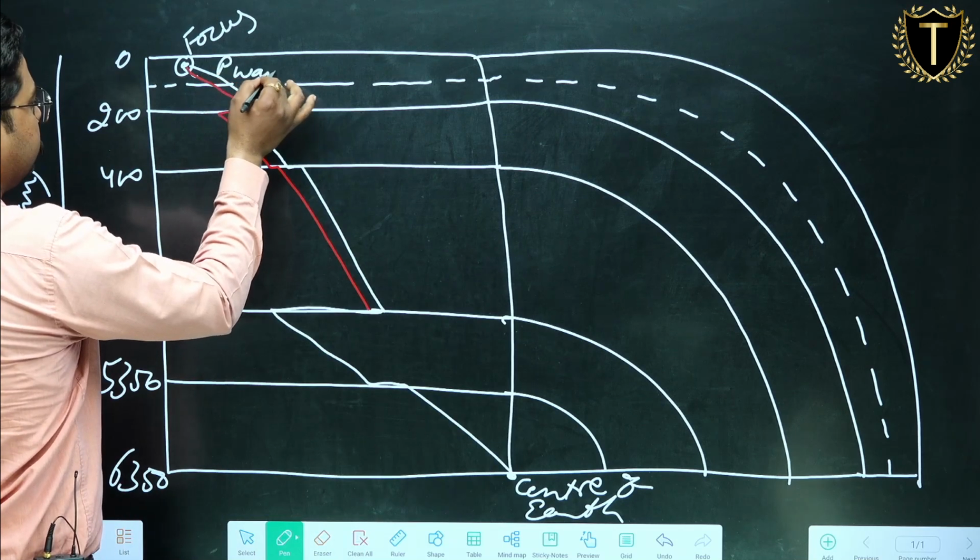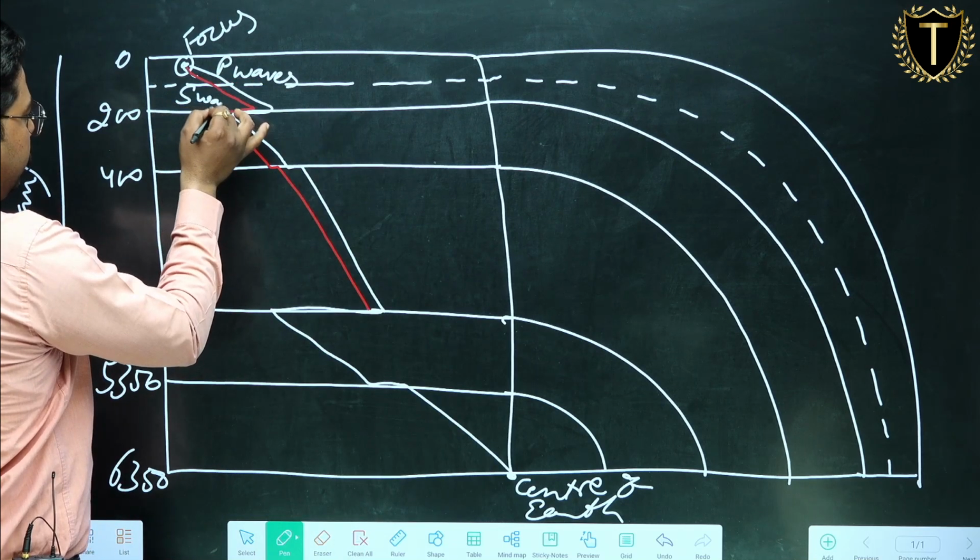These are P waves and these are S waves.